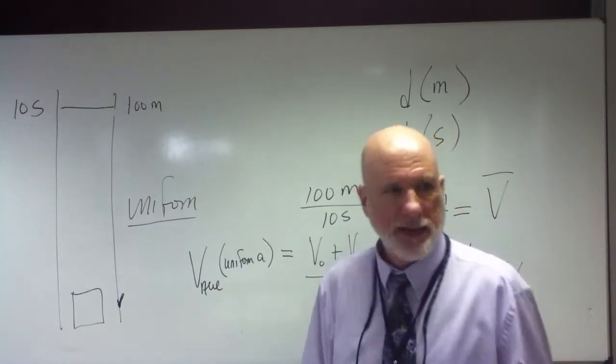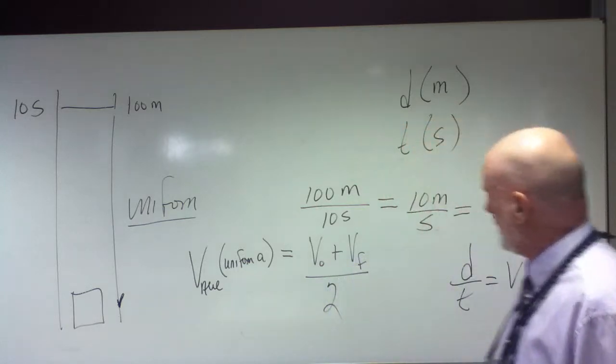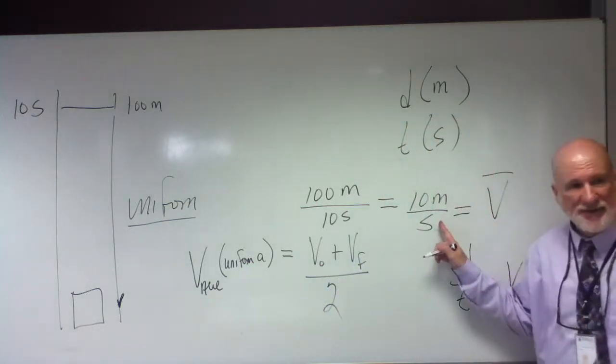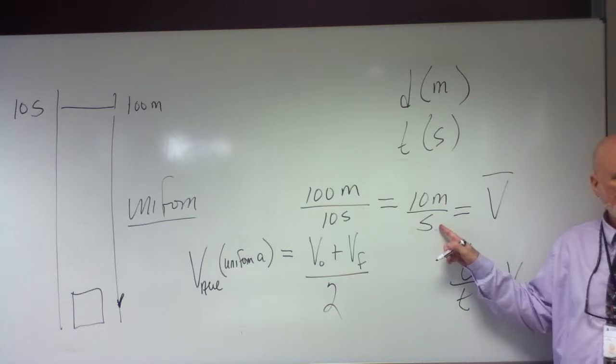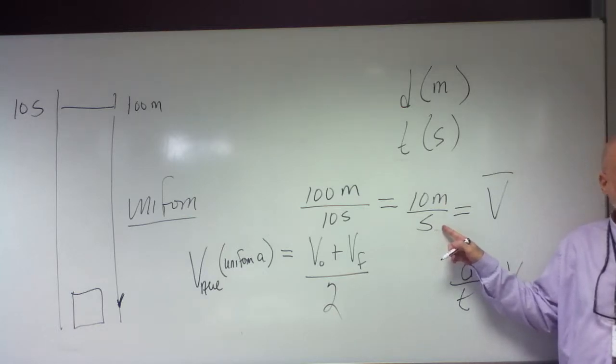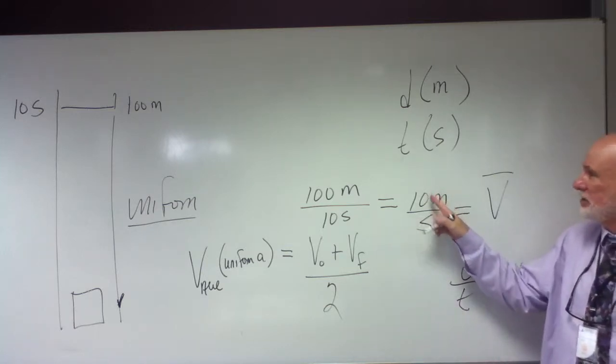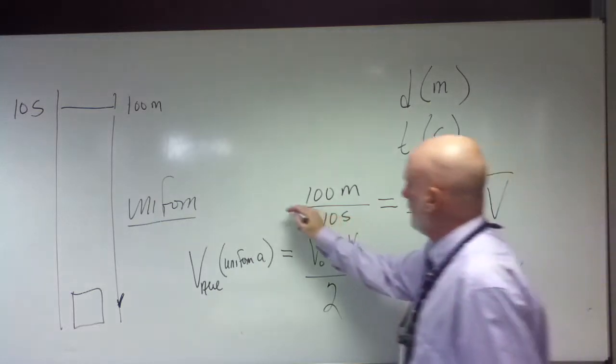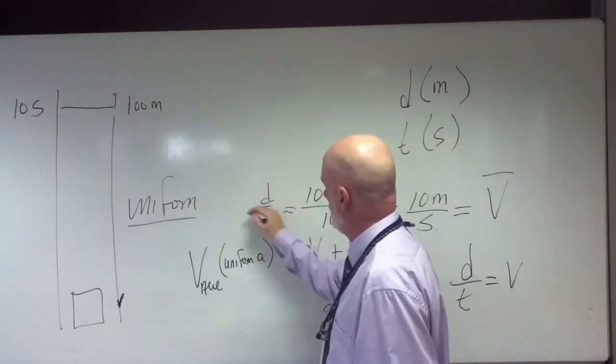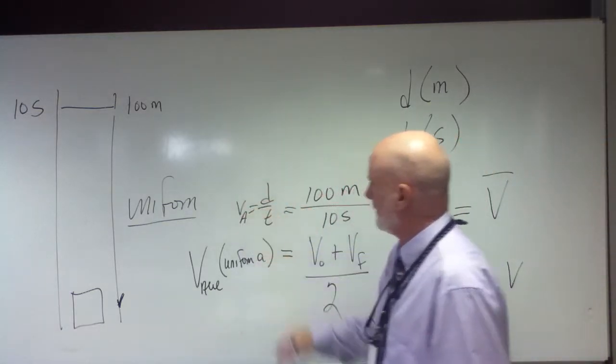Do you understand that? Now, we know that that's an average velocity, don't we? Yeah, because I used d over t. This is going to be d over t equals v average, right?